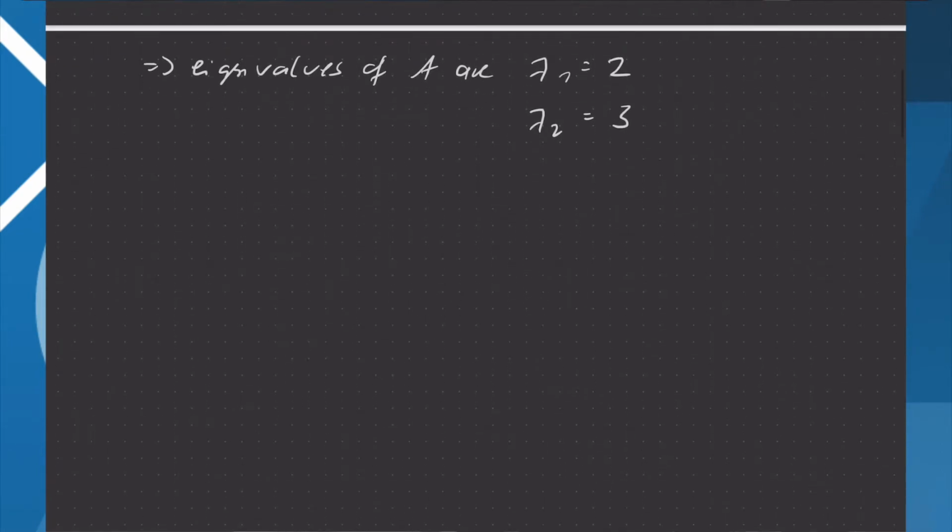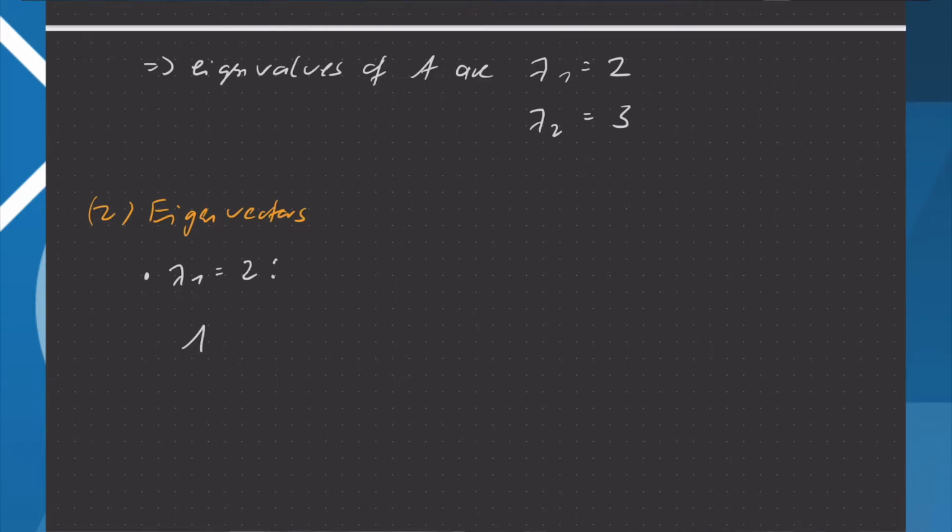Next, we need to compute the eigenvectors from that information. So part 2: eigenvectors. We have to do that separately for the two lambdas. So let's start with lambda 1 equals 2.